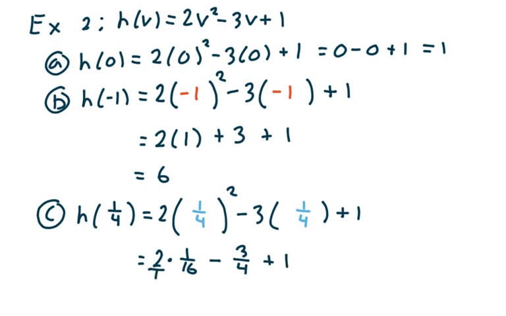Now, doesn't 2 go into 16 8 times, right? And so, therefore, h evaluated at 1/4 is, now I'm going to get 1/8 minus 3/4 plus 1.